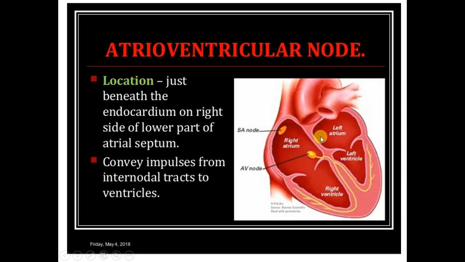It conveys impulses from the internodal tract to the ventricle. First the atria are stimulated, then through this atrioventricular node the impulse is transmitted towards the ventricle. Here you see the location of the AV node, and the 0.1 second delay occurs here.